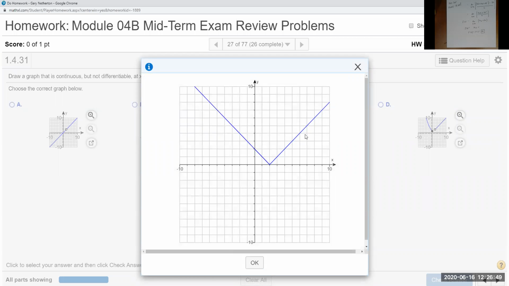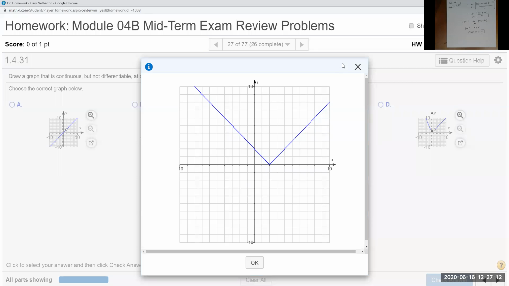The whole thing is connected. I could draw out this whole graph. So it is continuous. Now, is there any place where I cannot take the first derivative? I've got a corner here. I cannot take the derivative here. So this graph is continuous, but not differentiable.